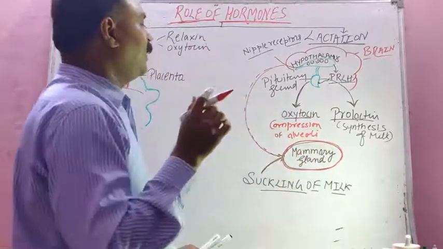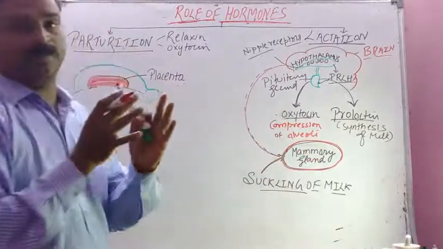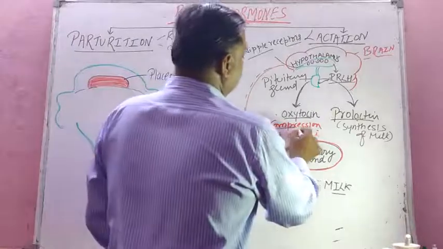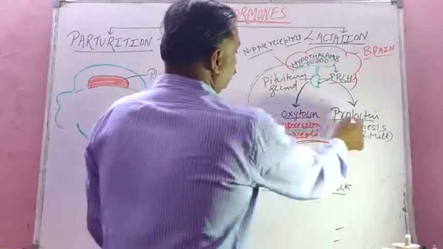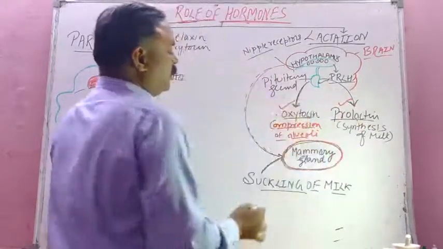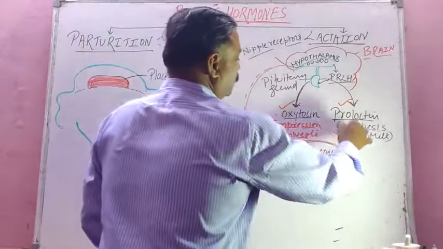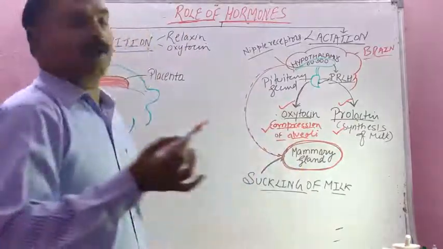Alveolar cells are filled with the milk. So oxytocin causes contraction of the uterus, and at the same time compression of the alveoli in the mammary gland. So these two processes, prolactin's effect, synthesis of the milk, and compression of the alveoli, ejection of the milk, are called lactation.